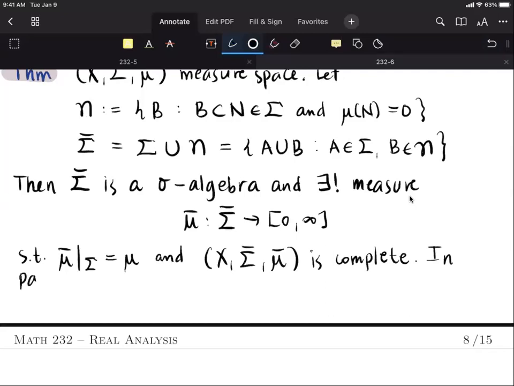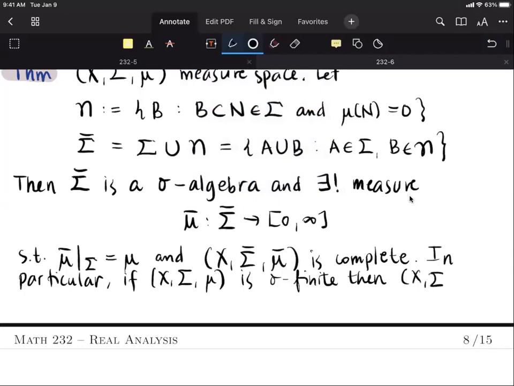And in particular, take note that if your original, given measure space is sigma finite, then it follows easily that this new complete measure space is also sigma finite.